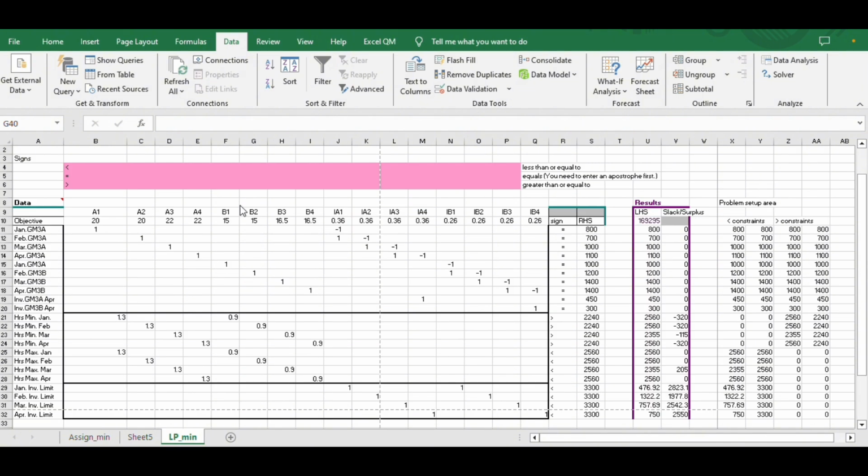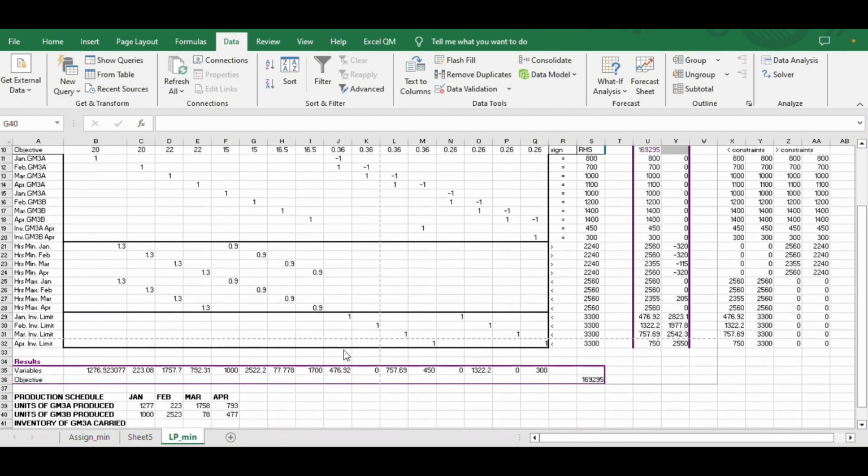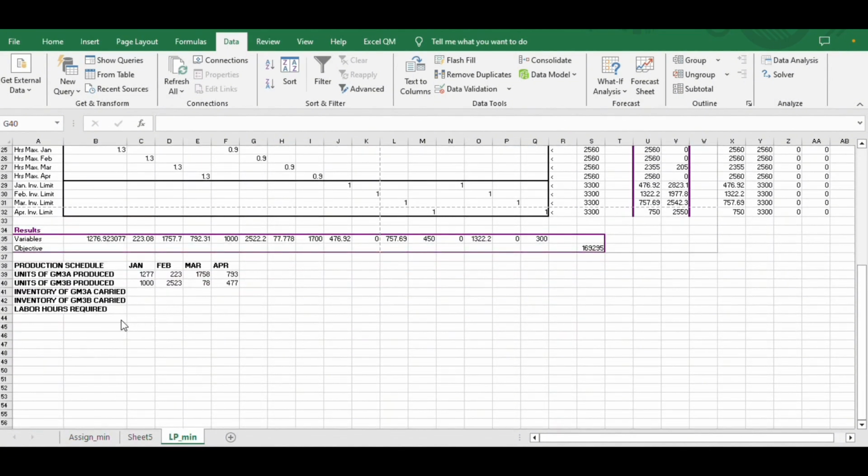Then for the inventory, here the inventory will be 477, then 0 for February, then 758 for March, and 450 for April.